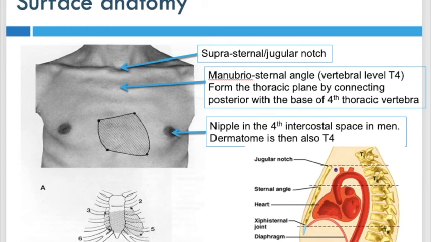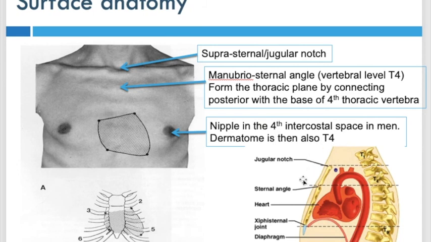If we look at that specific marker, we can say it is in the fifth intercostal space on a horizontal line, and it is in the plane of the midclavicular line in a vertical axis.